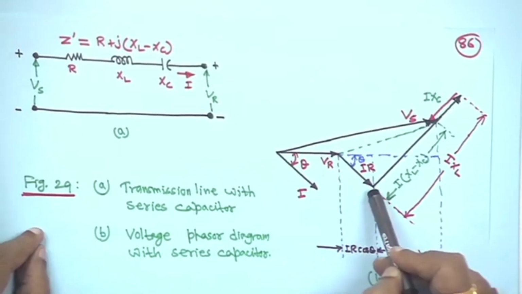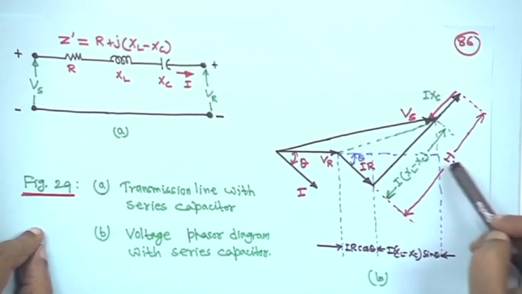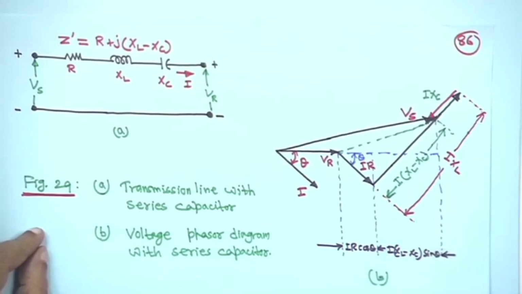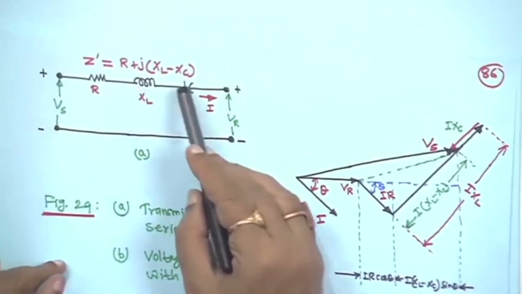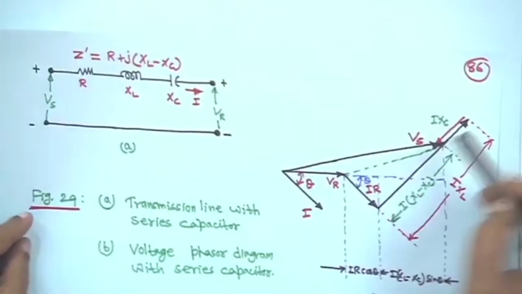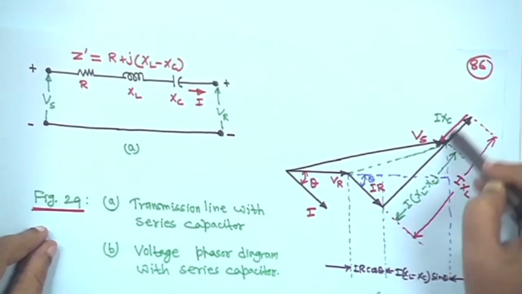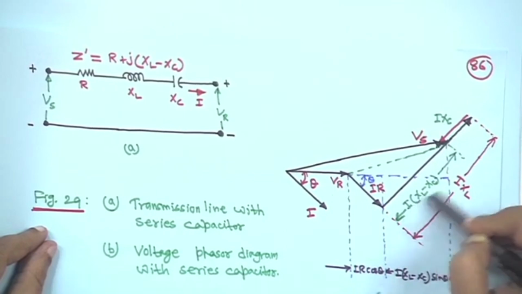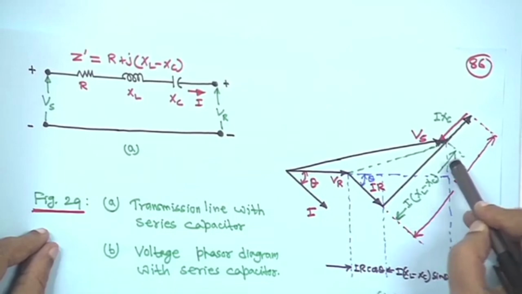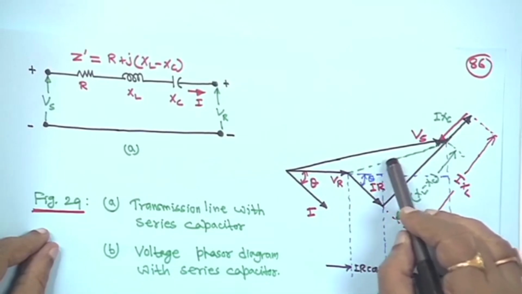This IR drop and, at 90 degrees to it, the black one is IXL. XC is also there, because it will be minus IXC, so this red arrow is downwards, because of subtraction. It is I into XC. So the resultant is I into (XL minus XC), and this is Z dash into I.